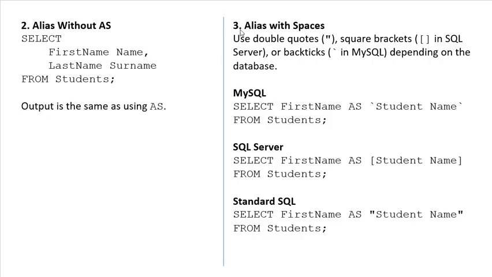Third is alias with a space. Use double quotes or square brackets: square brackets in SQL Server, and backticks in MySQL, depending on the database.